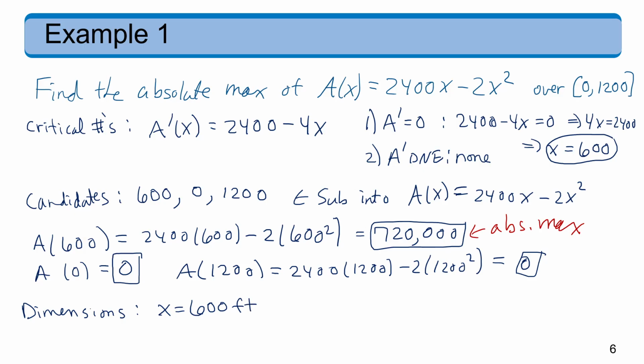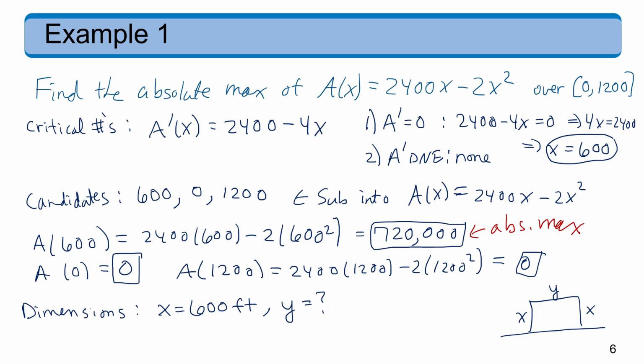But what about y? We need to give that also. So think back to your picture. We had x and y, and this of course is another x. Actually we don't even need the picture. It might be fastest to think back to the equation we wrote that relates x and y.